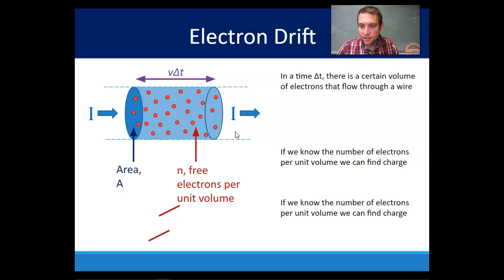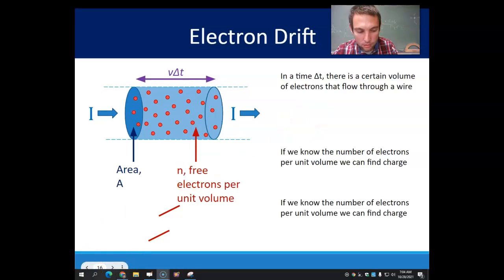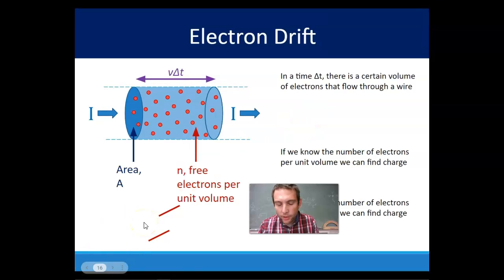Electron drift. In a time delta t, there's a certain volume of electrons flowing through a wire. Here A is the cross-sectional area. We can get volume using area pretty readily, right? So we have the cross-sectional area times the speed that the electrons are going, v, times the time it takes for those electrons to travel.